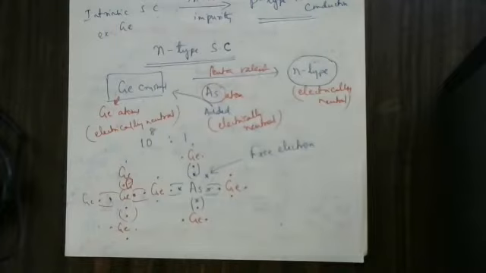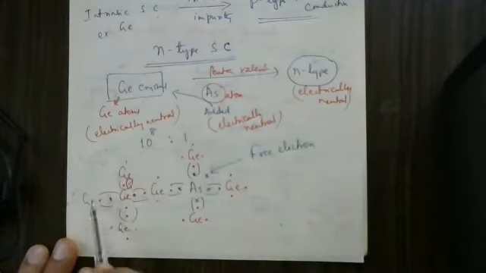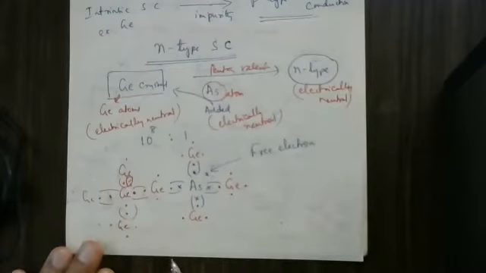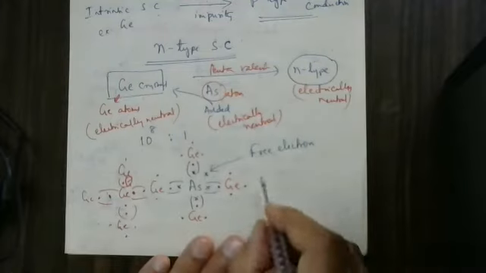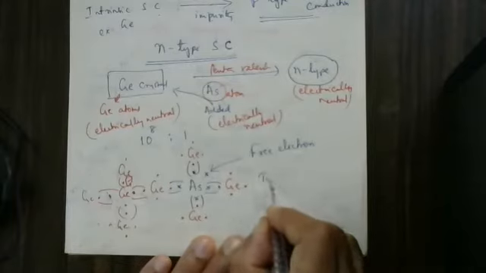Now, going back to the intrinsic semiconductor concept, this crystal has been kept in the atmosphere. Due to the temperature, 1 or 2 covalent bonds are breaking up. Let us consider 2 covalent bonds are broken due to temperature.